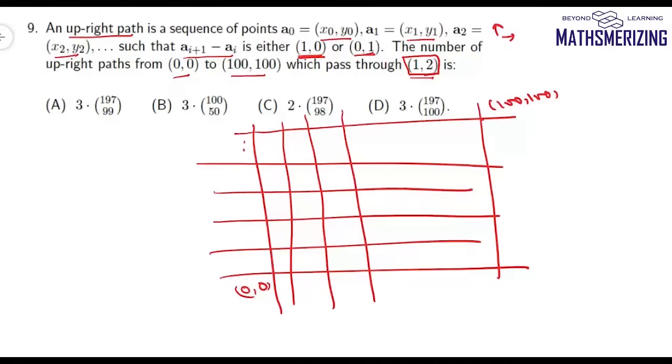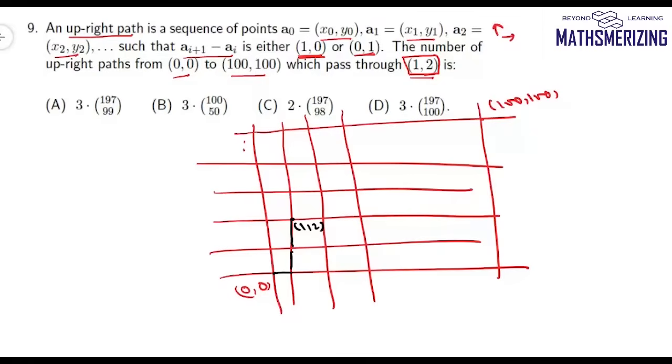Now we have this point which is (1, 2). First we'll find out, starting from (0, 0), in how many ways we can reach this point (1, 2). In order to reach this point, we'll have to cross one horizontal path and two vertical paths.